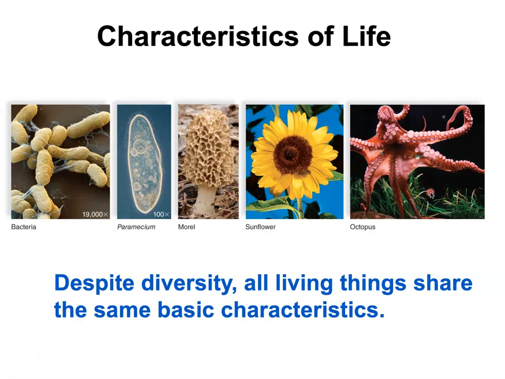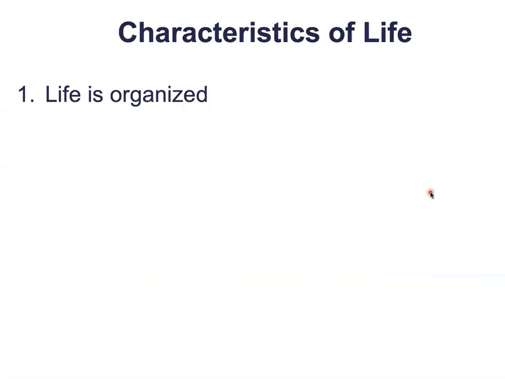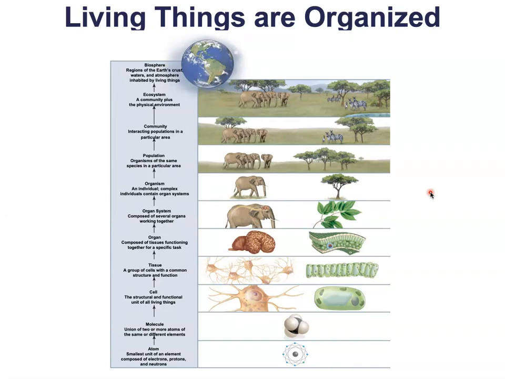But despite this complexity and the diversity of life, there are a few characteristics that all living things share. So we're going to talk about those specific characteristics. Starting off, life is organized. All life is organized. What we mean by this is that life can be categorized into levels of biological organization.